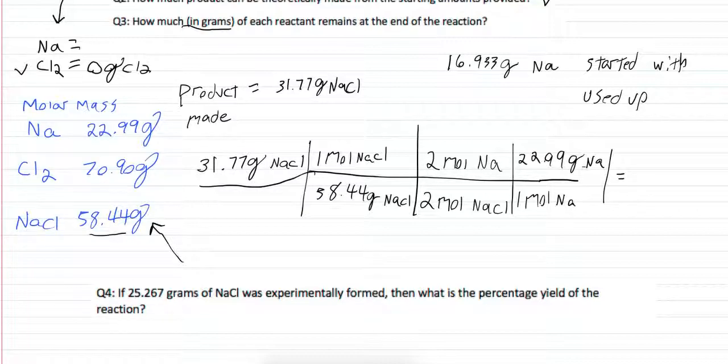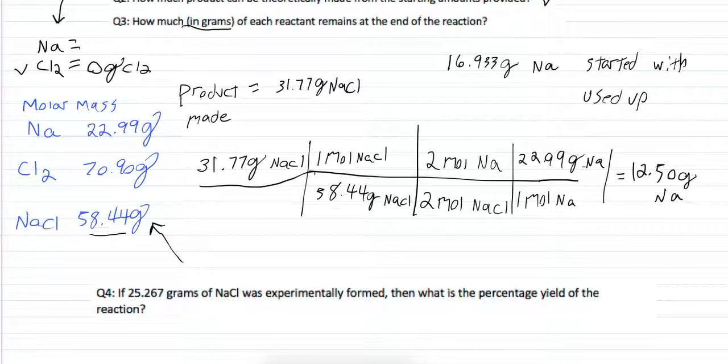So we have 31.77 times 2 times 22.99, and all of that is going to be divided by 58.44 times 2. And we get 12 point, and if you round that up, it ends up being 12.50 grams of Na used.